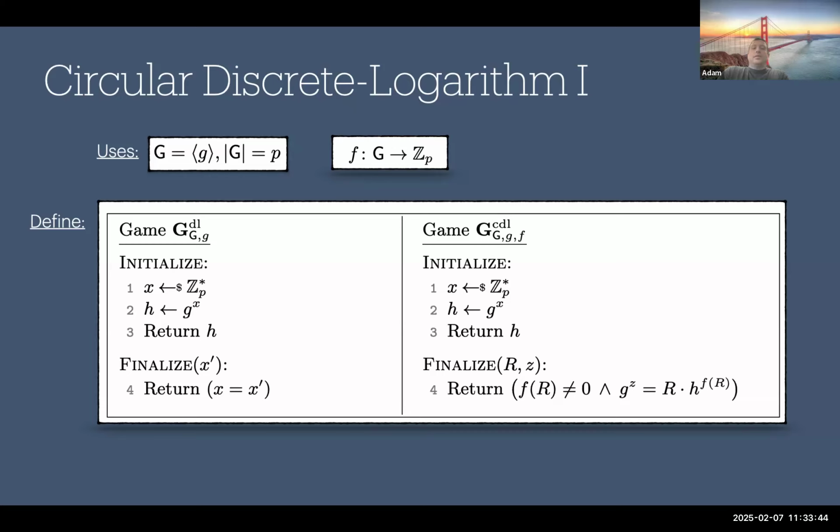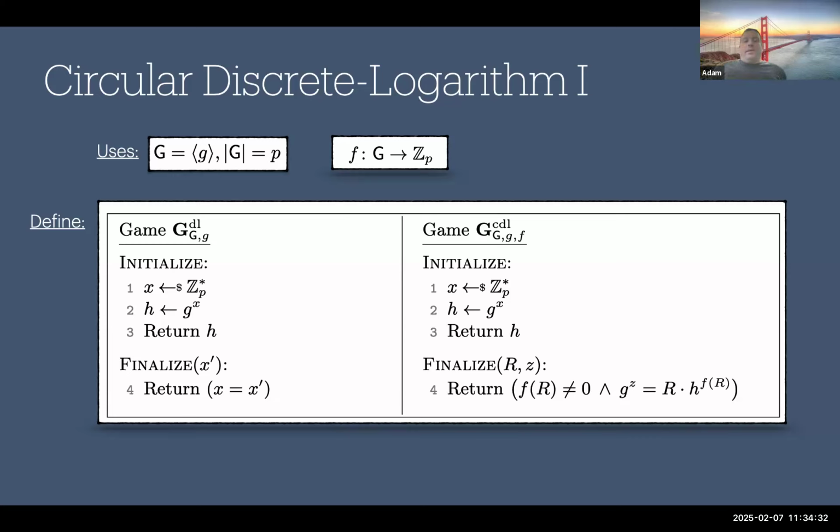It has to find R and Z such that g to the Z equals R times h to the f of R. We chose the name circular because R is in the base and the exponent, so the base and the exponent depend on each other.